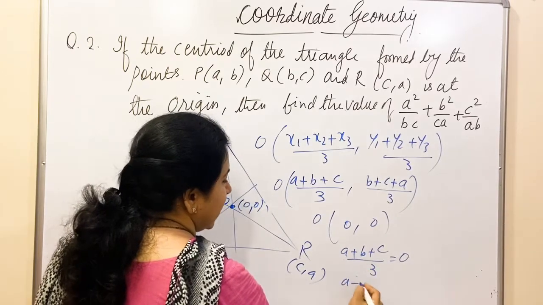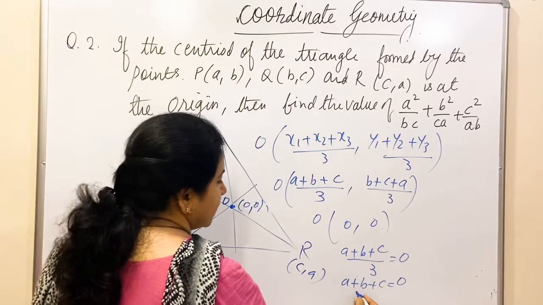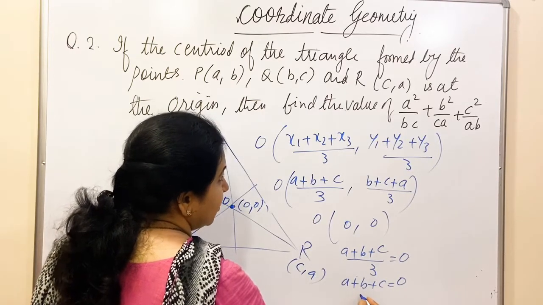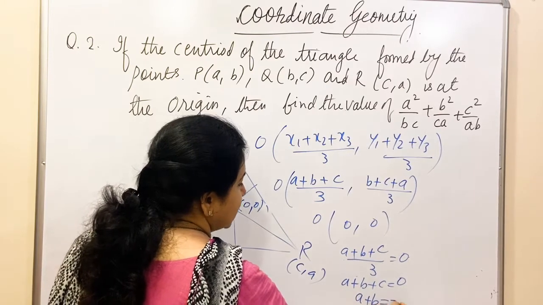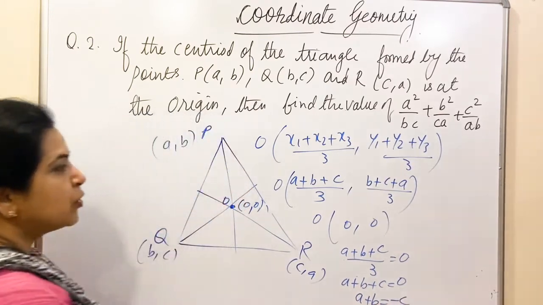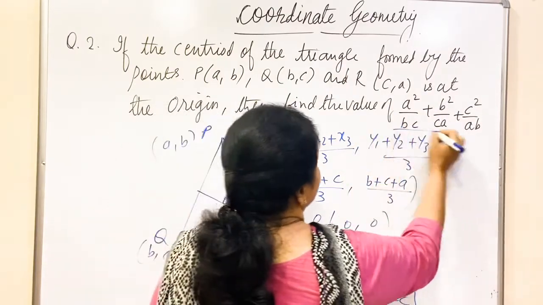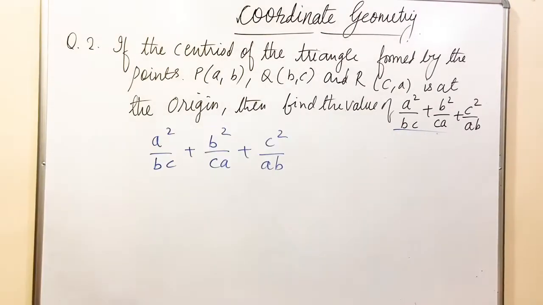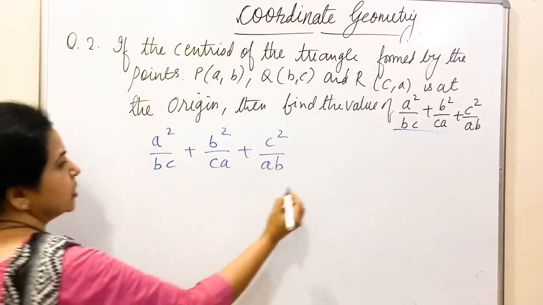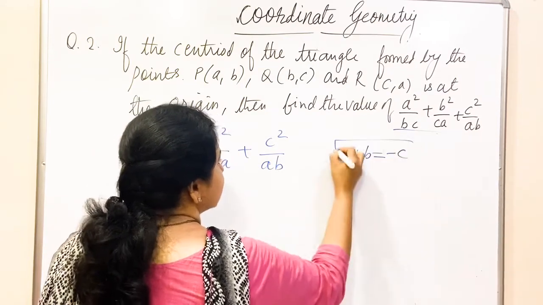That is, A plus B plus C is equal to 0. That is, we can write A plus B as minus C. To find the value of this, we will use that A plus B is minus C.